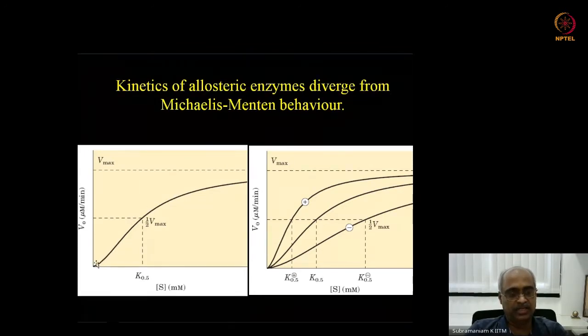Initially it is not linear. In a Michaelis-Menten enzyme it would have been linear, because at the very initial stage the Km is large, so we ignore the concentration of the substrate in the denominator. The equation is V0 equals Vmax S divided by Km plus S, and when you ignore S, Vmax by Km remains constant.